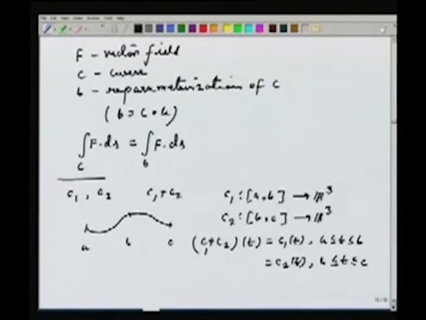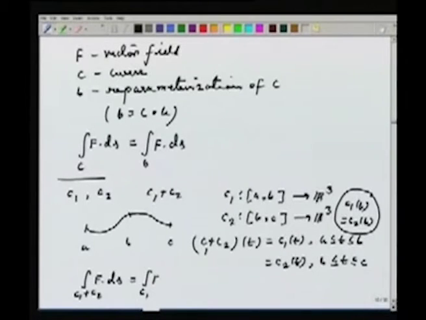Only care has to be taken that C1(b) equals C2(b), only then you can join the curves. In that case one can show that the integral over C1 plus C2 of f dot ds equals the integral over C1 of f dot ds plus the integral over C2 of f dot ds. It follows just from the definition of the line integral.